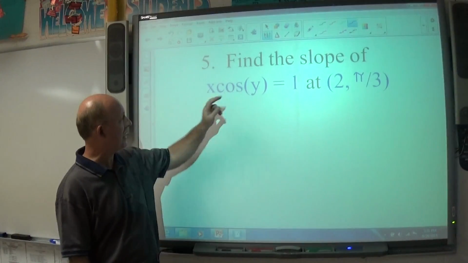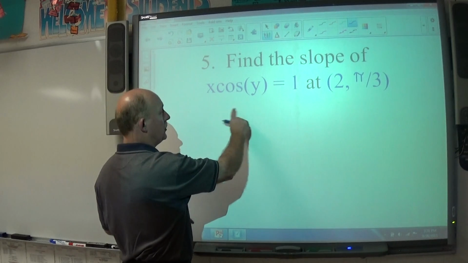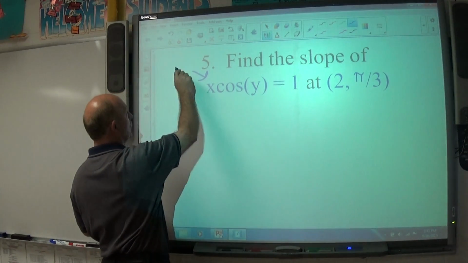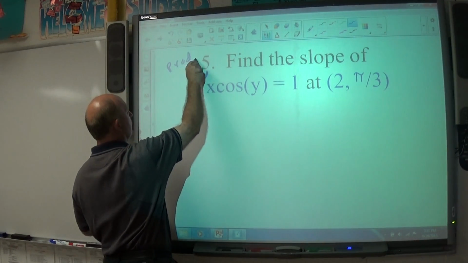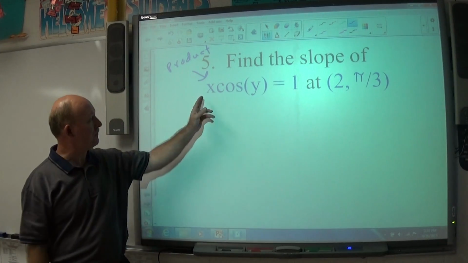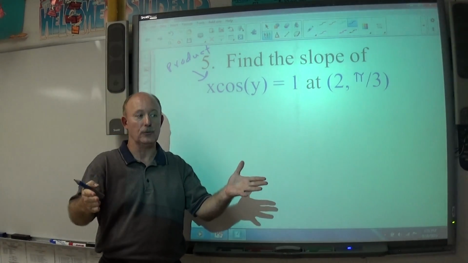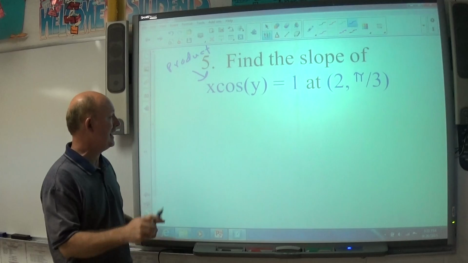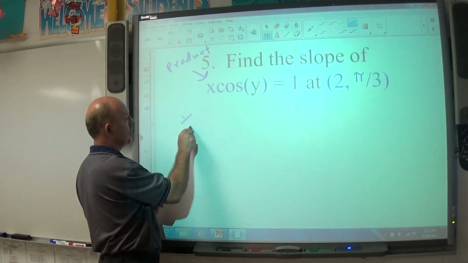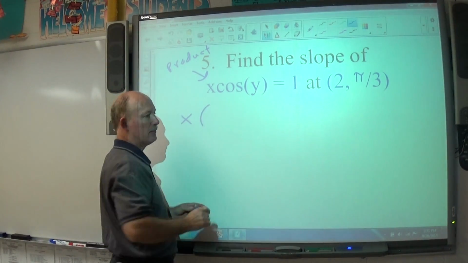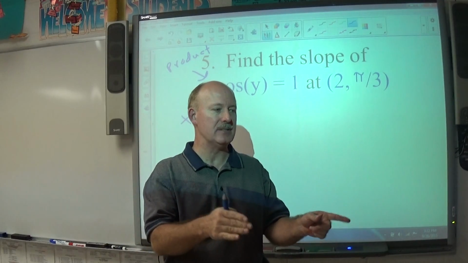Now, once again, x times cosine y. As you notice in your equation, x cosine y is a product. So to take the derivative of x cosine y, you have to use the product rule. So let's get started. This will be the first term. Remember, the derivative of cosine x is negative sine x.